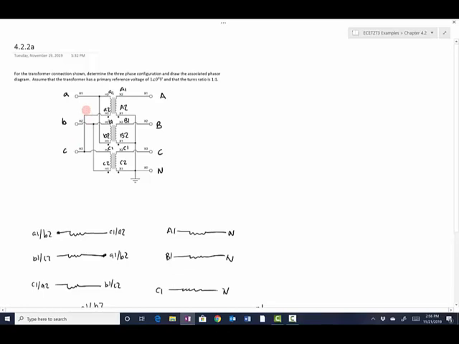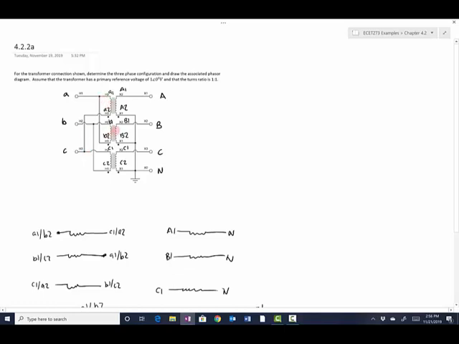So our task is to find out which one of these coils is the VAB coil in the delta, right? And so we know that this is A node here, and this is B. So this coil here, I see one side of it's A, the other side of it's C. So if I measure from here to here, I actually will get VCA, so that's not it.